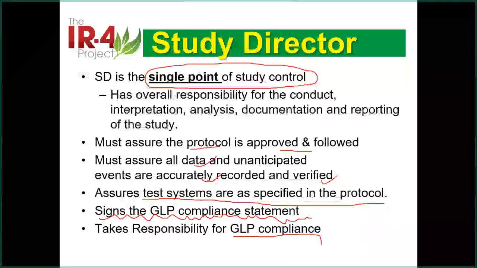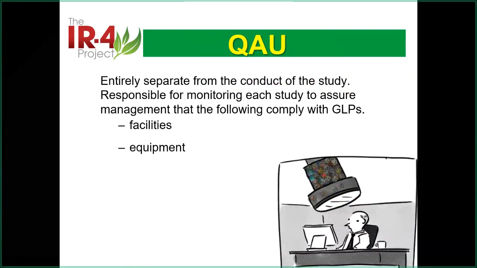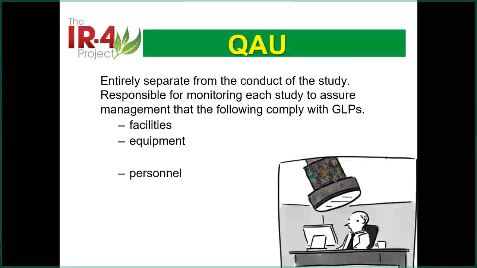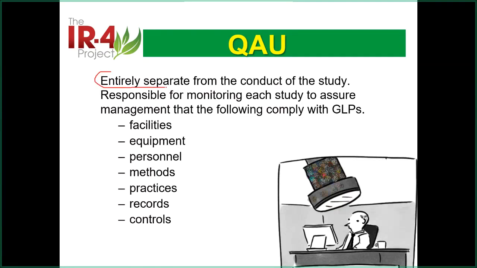Okay. Well, then the next important part is the QA. QA should be entirely separate from the system. That's the most important part. QA will be doing the checking, inspection, or monitoring of the work, but QA should not be any part of the study.